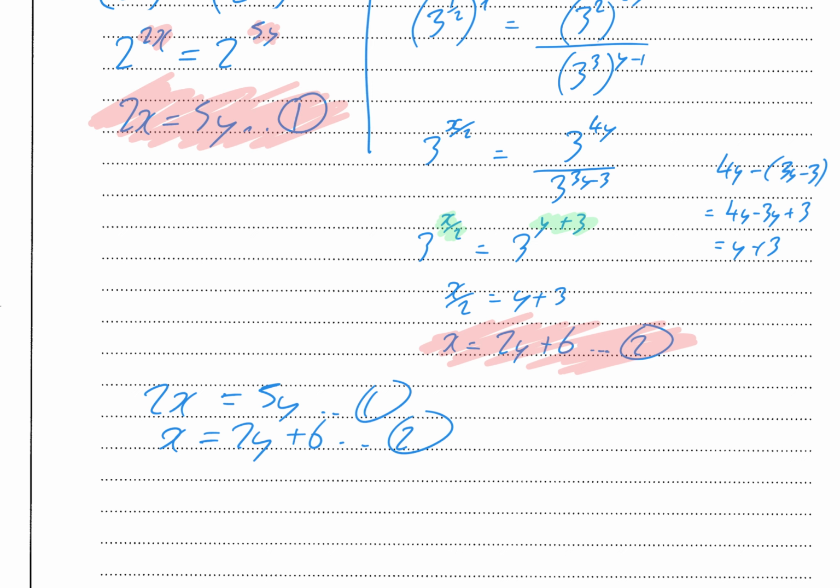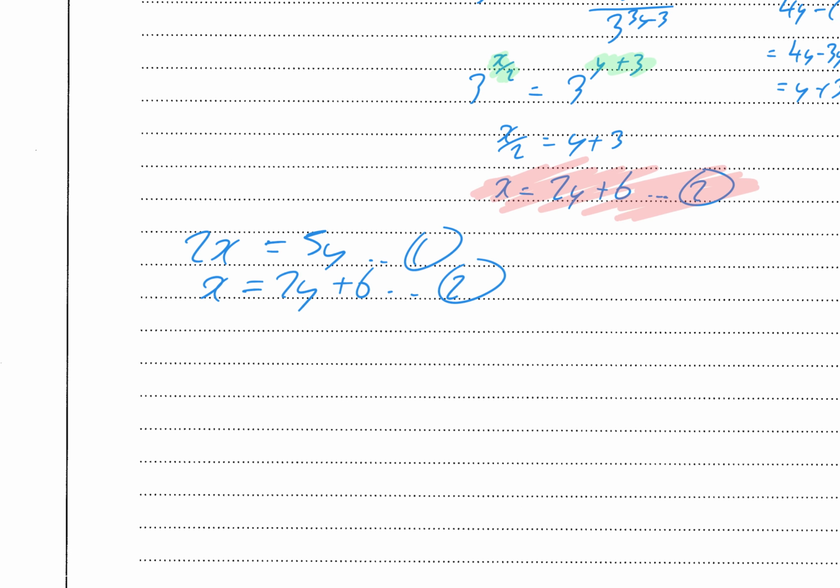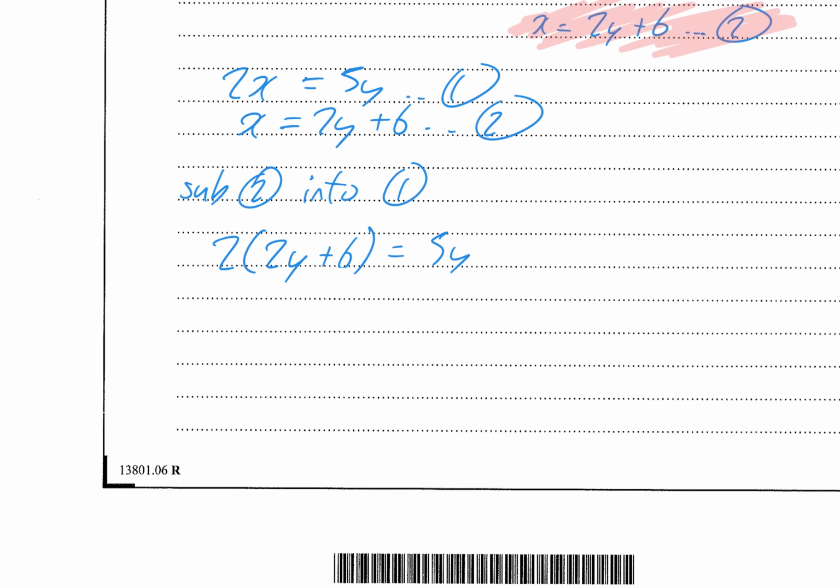You can solve this whatever way you want. What I'm going to do is sub my second equation into equation 1. Now what I mean by that is everywhere I see x, I'm going to replace it with 2y plus 6. And then we're just going to multiply that out.